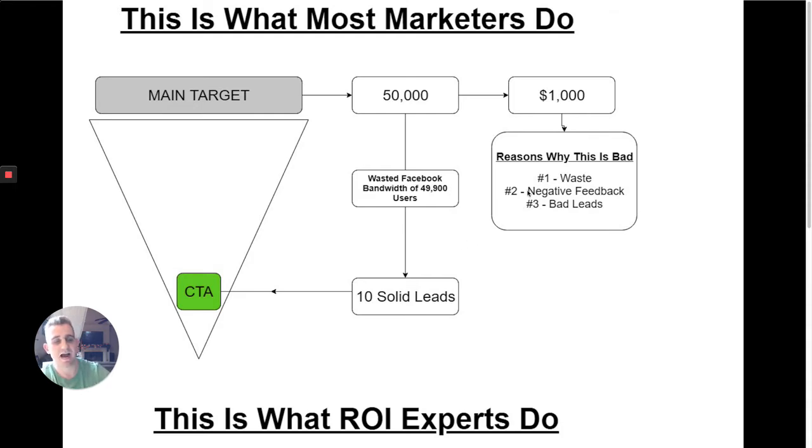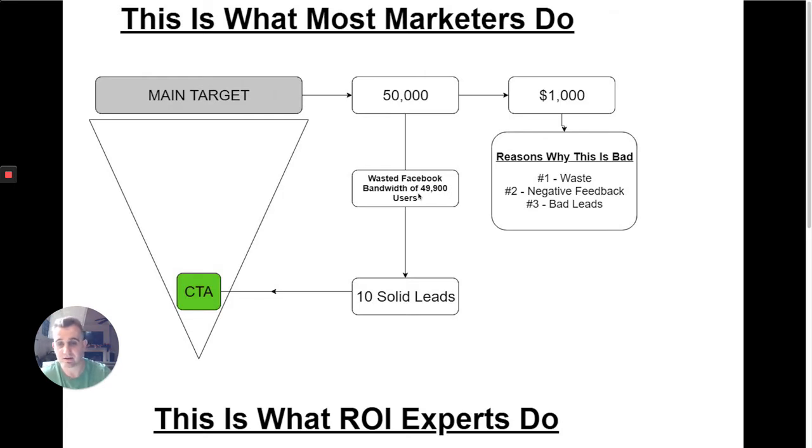let's look at how Facebook looks at these types of marketers and how it rates you. So when it sees that you throw $1,000 in and you're showing your ad to about 50,000 people, 49,900 of those users don't care.